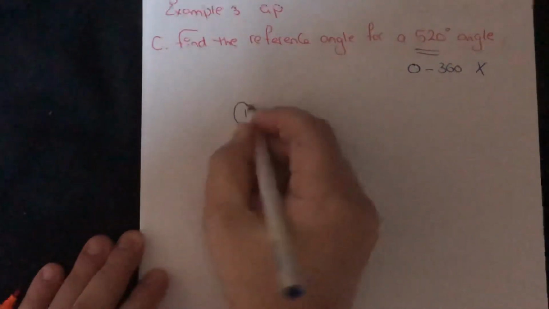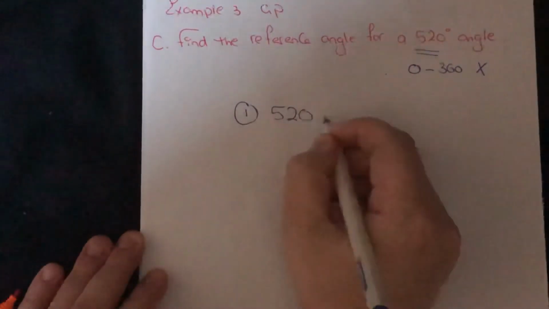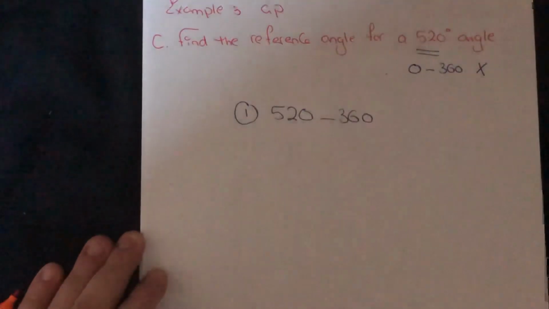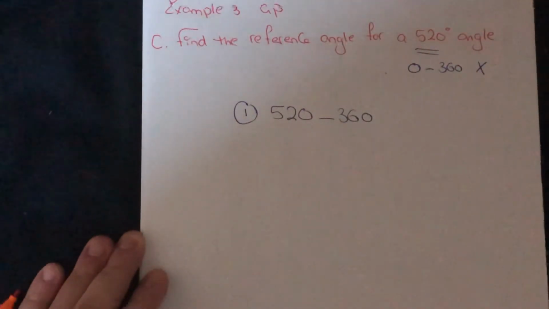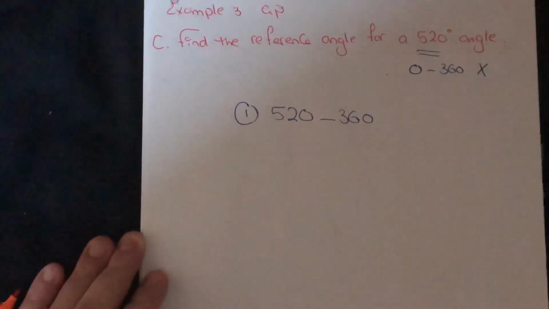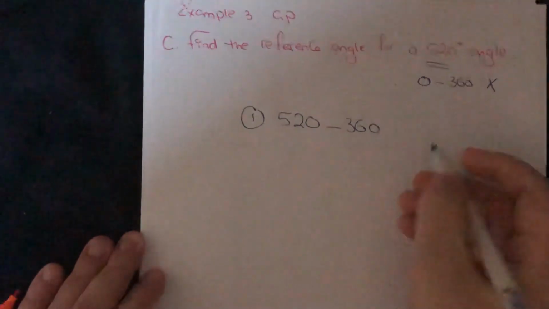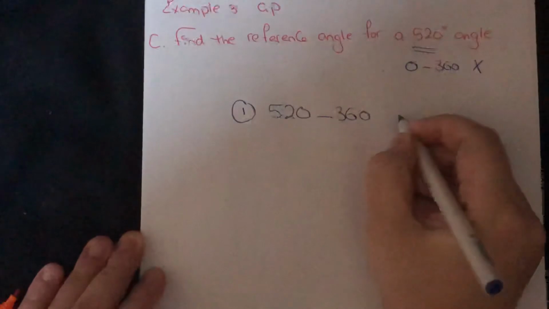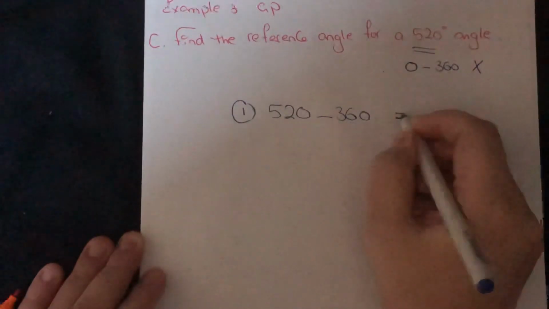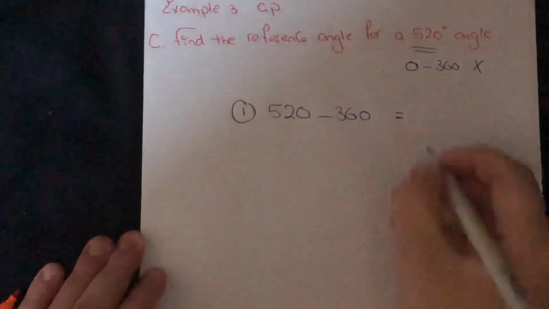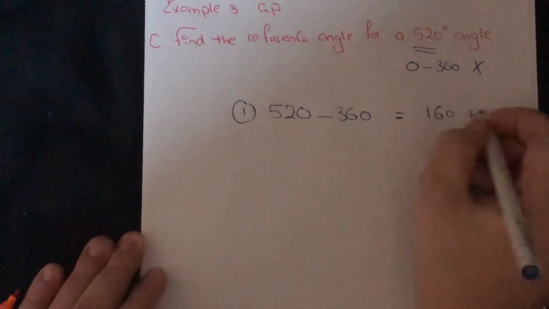So here it's more than 360, so I'm going to subtract 360. Sometimes you will need to subtract multiples of 360, more than one 360, until you get a number between 0 and 360. As long as you can add and subtract, you will be able to get it. So 520 minus 360 gives you 160 degrees, which is very good for me.